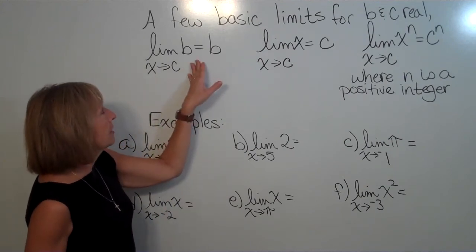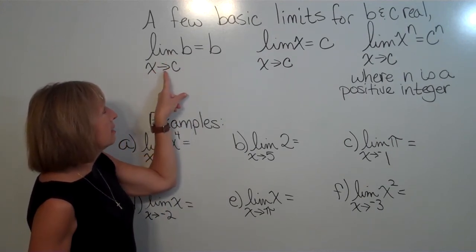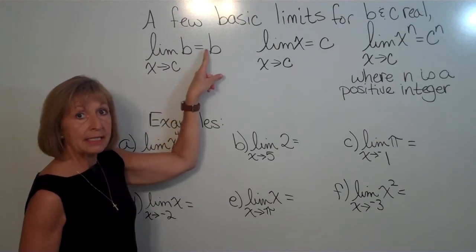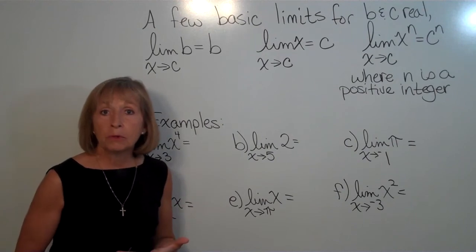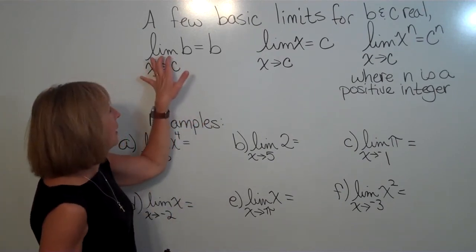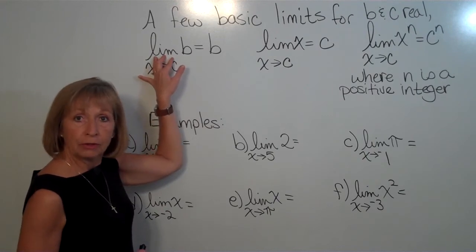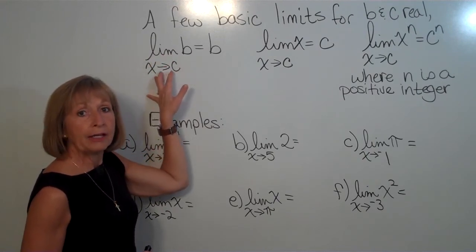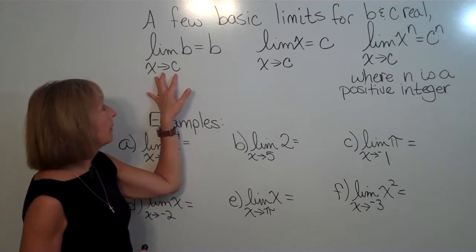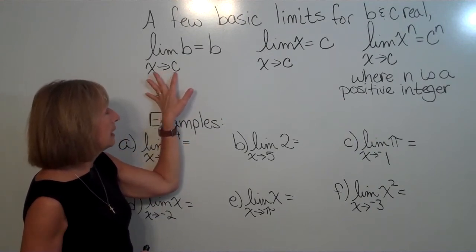So the first one here says the limit as x approaches c of b is equal to b. Now remember, when you're talking about limits, you need the components where you've got the LIM abbreviation for the word limit. Under that, you have to say what your variable of your limit is approaching. So here, as x approaches c.